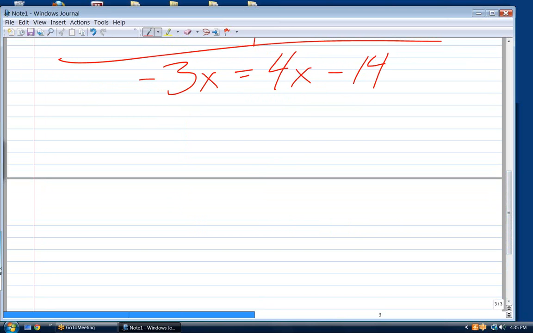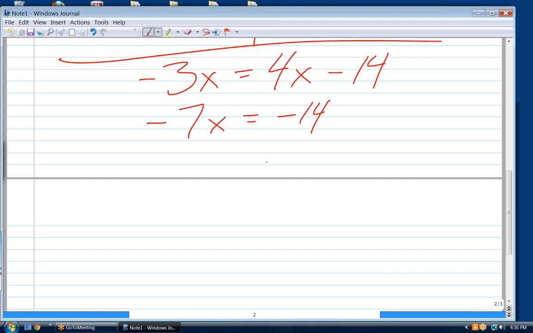Remember, you always do the opposite. So we got minus 7x equals minus 14, and so then divide both sides by minus 7, and you get x equals 2.